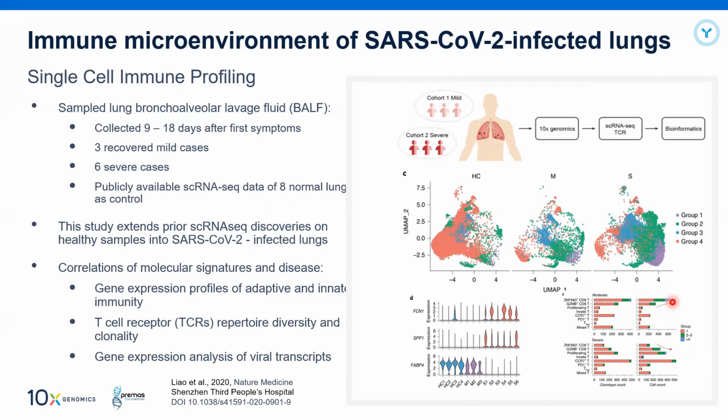Ultimately, this was not happening in the severe cohort. We can see a very limited cell population there, but there was no clonotype expansion happening, which was required to manage the disease.